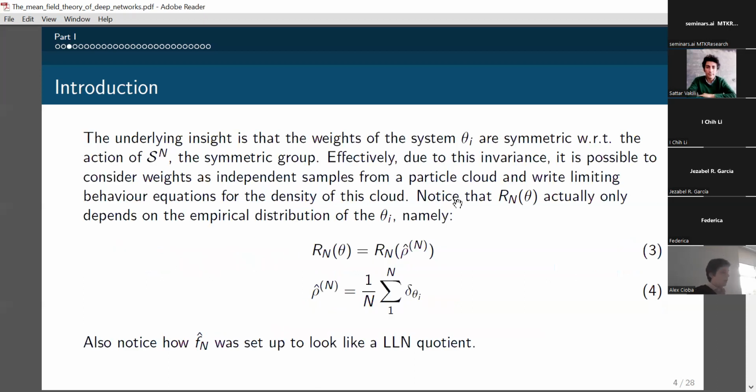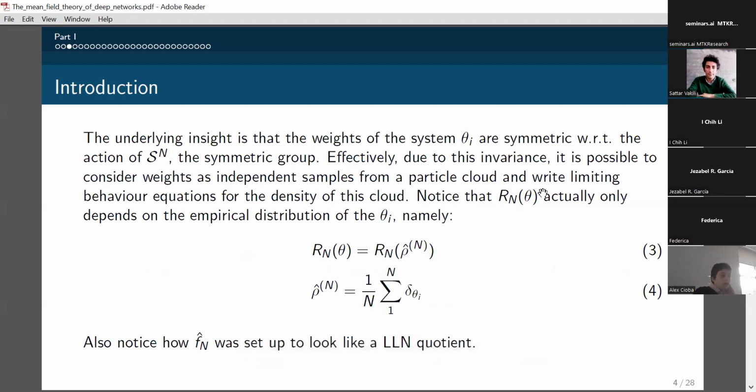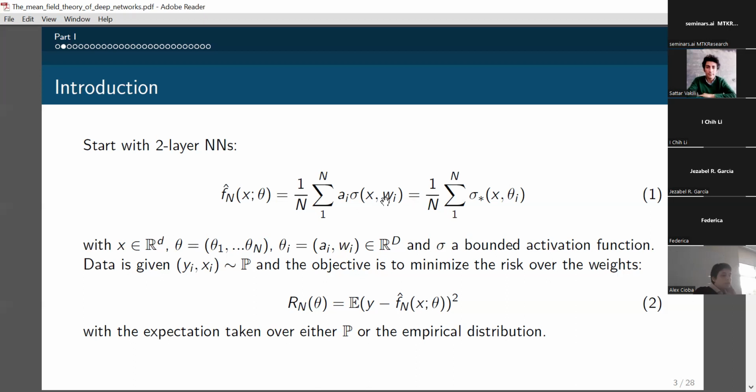Okay. So now the underlying insight in the previous formulation is that the risk itself only depends on the empirical distribution of the weights, because the individual weights themselves, sigma 1 up to sigma n, are permutation invariant, right?